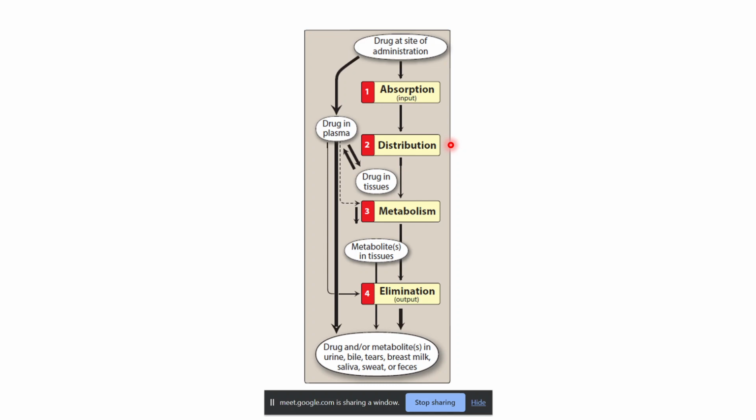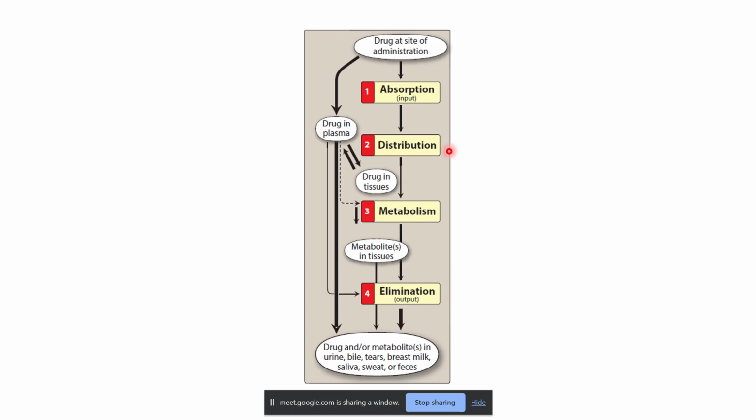The more lipophilic drugs will distribute better, and the volume of distribution will increase if the drug is more lipophilic, because it will pass through the phospholipid layer.